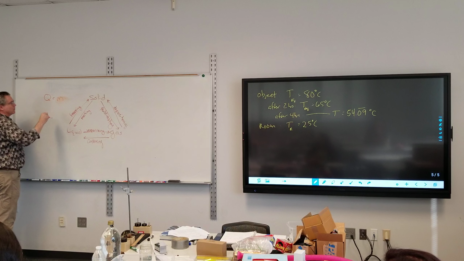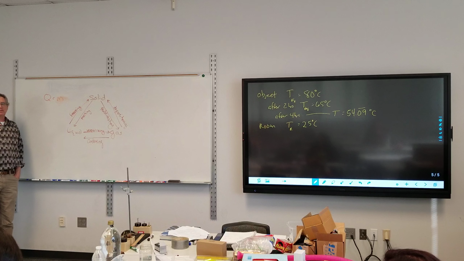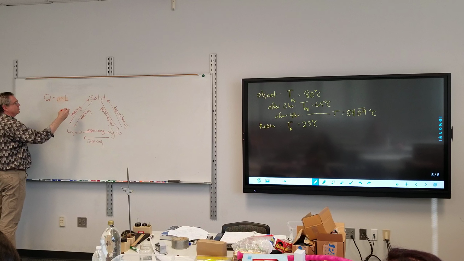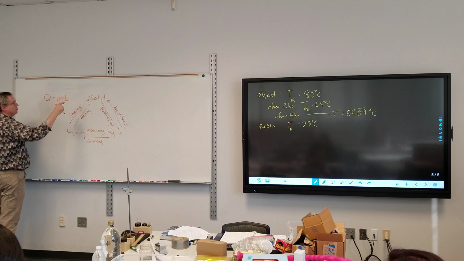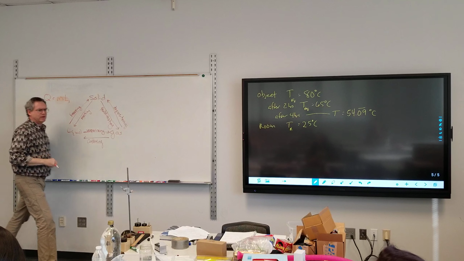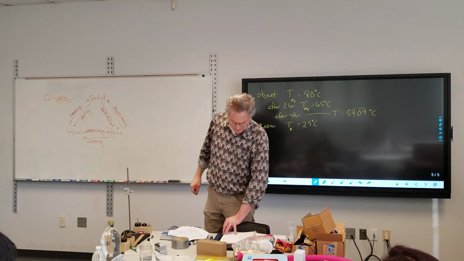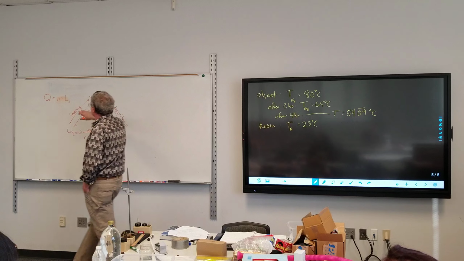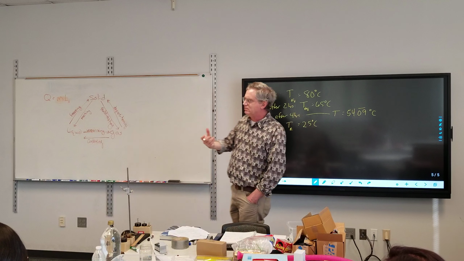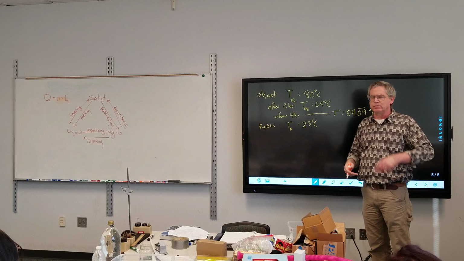Now, the symbols that I use depend upon the semester and my mood. Sometimes I'll use a capital L, sometimes I'll use a C. So if you're looking at any of my old stuff, you'll see one or the other.